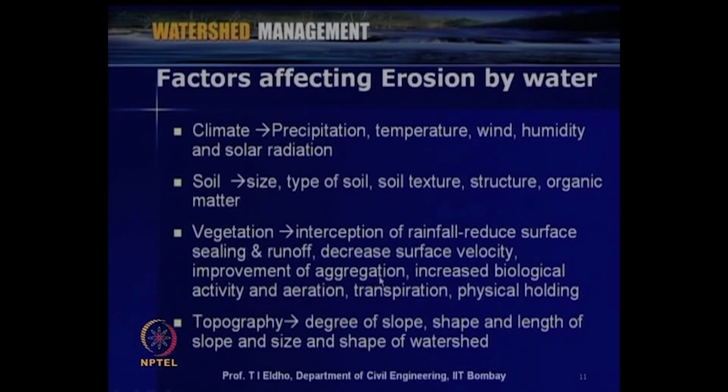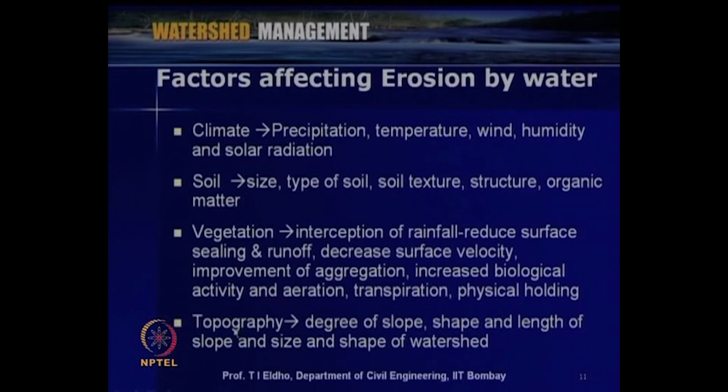Improvement of aggregation, increased biological activity and aeration, transpiration, physical holding, all this helps to reduce the soil erosion. So, one of the important aspects in soil conservation is that we can increase the vegetation in the watershed, like grass or other plants. Wherever more vegetation is there, the soil erosion will be reduced.